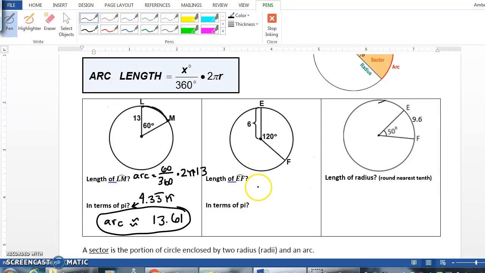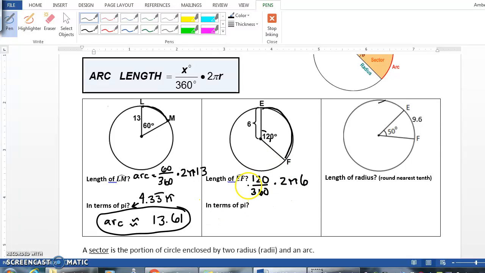Alright, we can do it again. We are finding the length of EF. So see, this is an arc. It's part of a circle. And we're just going to use this formula: x degrees, or 120 in this case, divided by 360 times 2 pi, and r is 6.